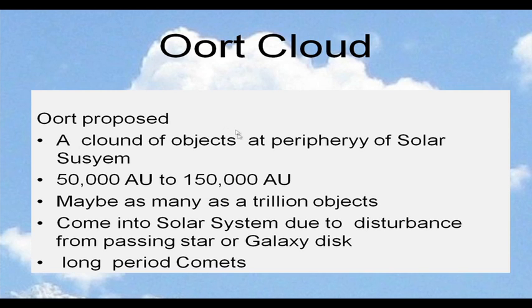But that is what Oort proposed, that there is this cloud of objects, which is now called the Oort cloud, and there could be as many as 1 trillion objects in that cloud.